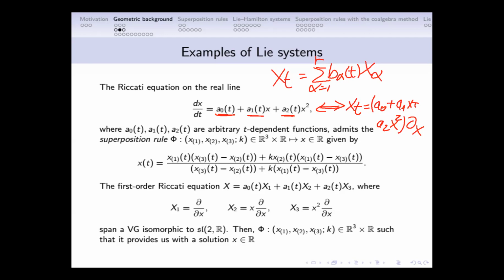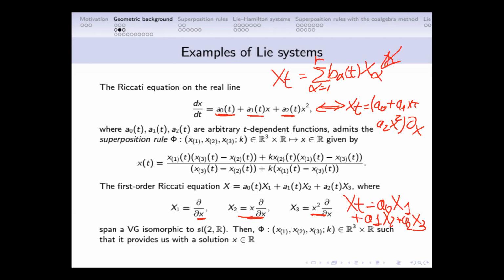And as you can see, this x_t can be written as a0 x1, where x1 is this one, plus a1 x2 plus a2 x3. So the first condition is satisfied, and the second would be that these vector fields close a finite dimensional Lie algebra, and they do.